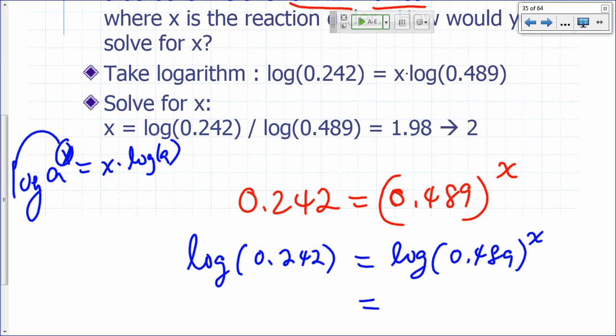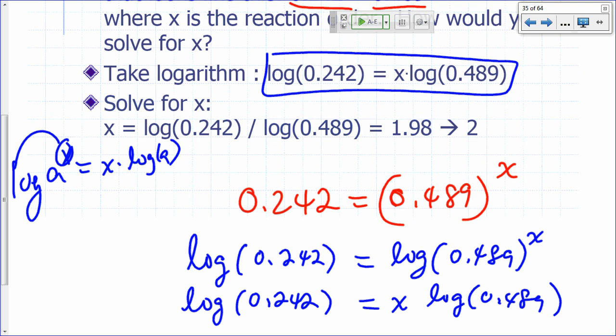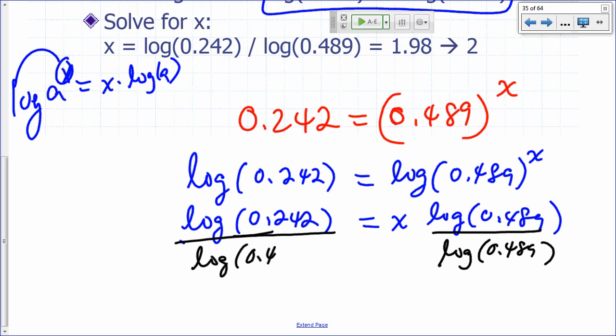So I can say log of 0.242 equals x times log of 0.489. Okay, so that's what you have right here. And now you can solve for x. You divide both sides by log of 0.489. And so that solves for x.